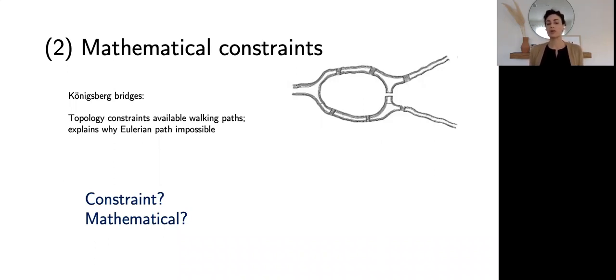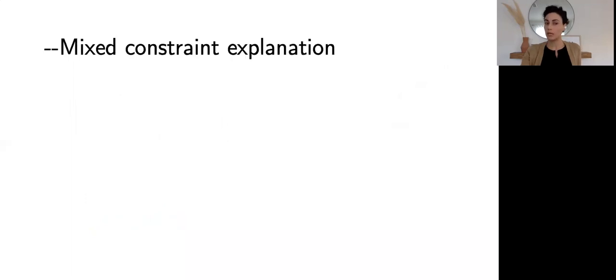Now, before moving on to the third and final type of constraint, I should first make an important point about mixed constraint explanation. While it helps to categorize constraints into different types, this doesn't mean that individual explanations only rely on one constraint or multiple constraints of the exact same type.